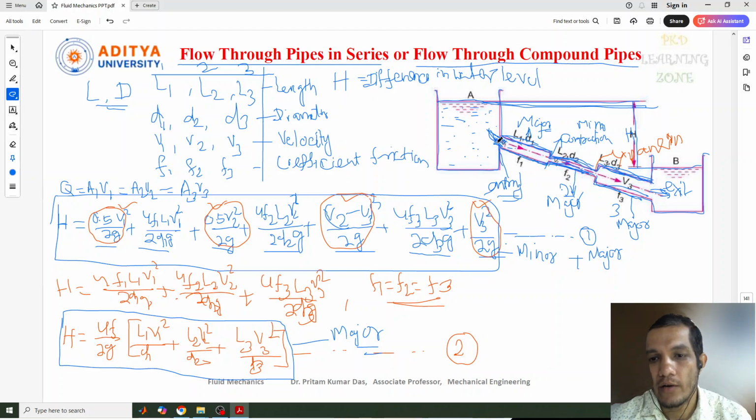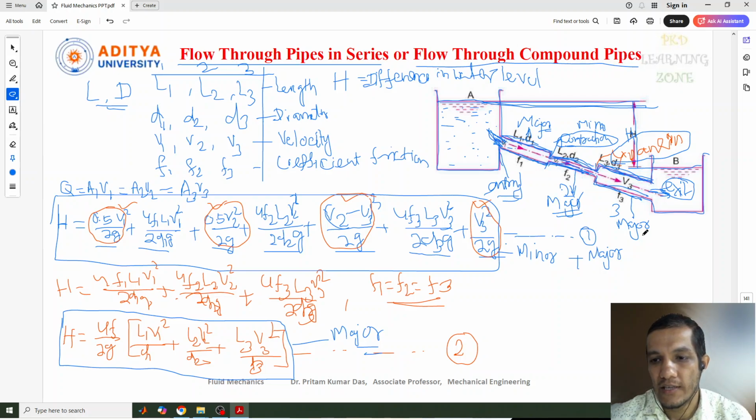When the entry is there, what losses need to be considered; when contraction is there, what losses need to be considered; and when expansion is there, this point is pipe expansion, what losses are there; and when it is exiting from the pipe, what losses need to be considered.